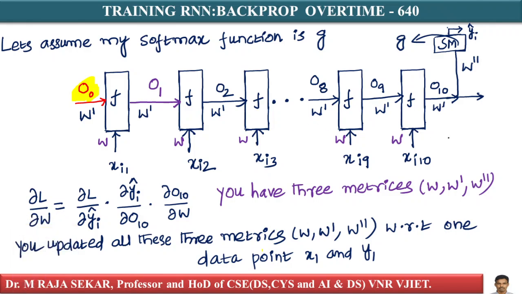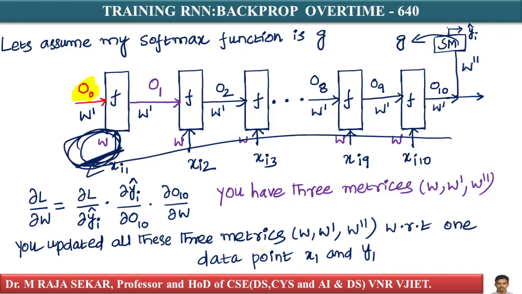After a few stages you will come here. When you reach here, you have back propagated your weights and updated all three matrices, W, W dash and W double dash, with respect to one data point, that is x1 y1. Till now you have only processed one data point; you repeat for the next data point, and so on. Your back propagation happens over time, isn't it?